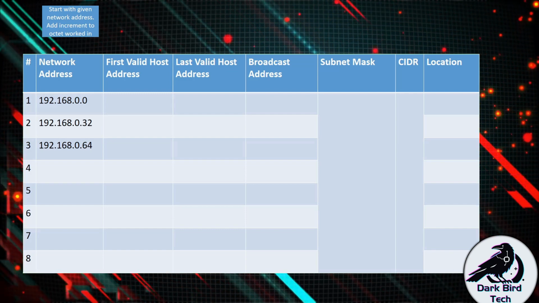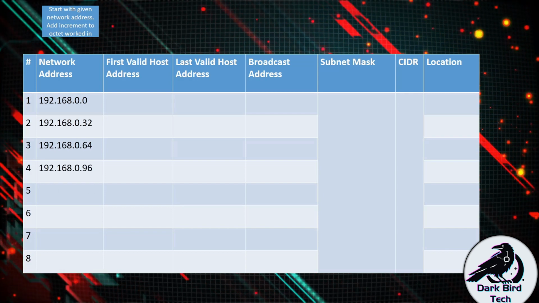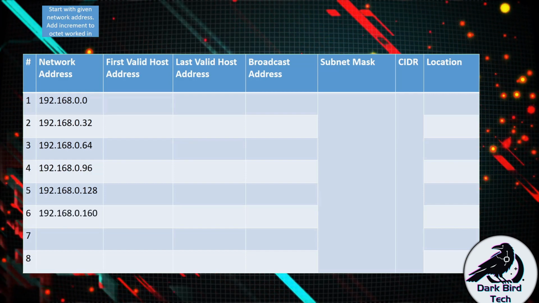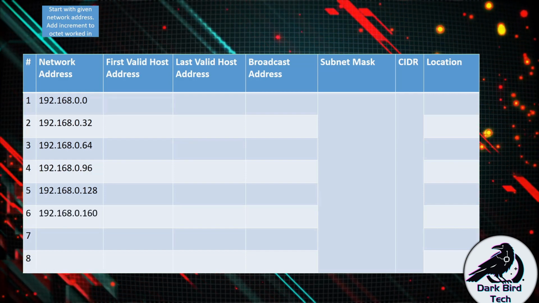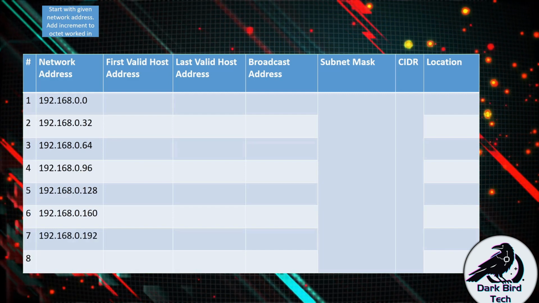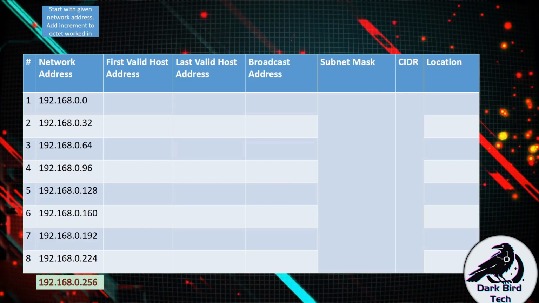I do it again. 64 plus 32 is 96. 96 plus 32 is 128. 128 plus 32 is 160. 160 plus 32 is 192. 192 plus 32 is 224. And 224 plus 32 is 256.